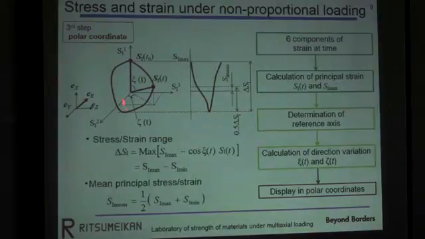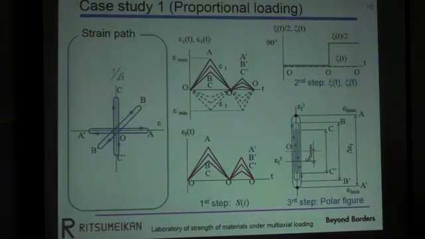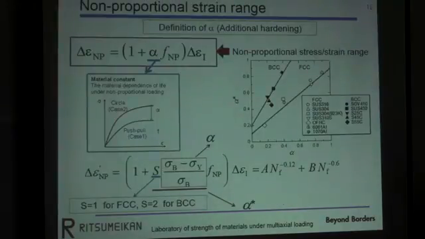Also for the reference axis direction, you can choose any plane or any direction. For example, you can use a critical plane approach. Any model is okay. You can choose one direction using your theories. I skipped here.